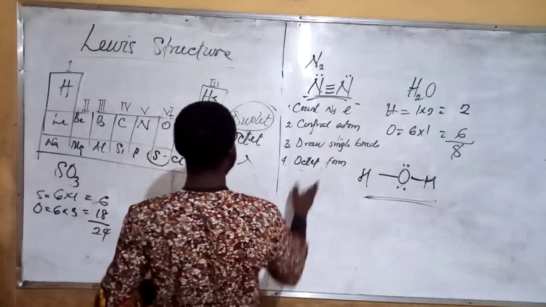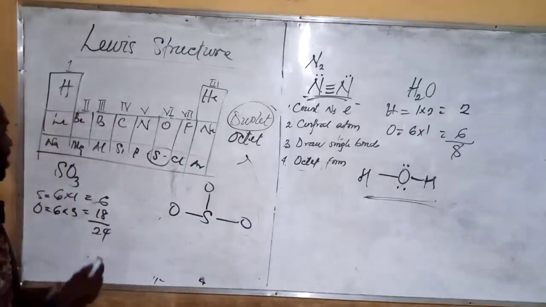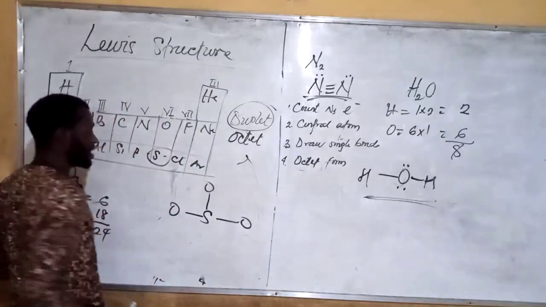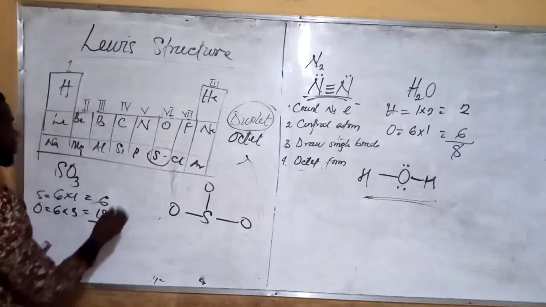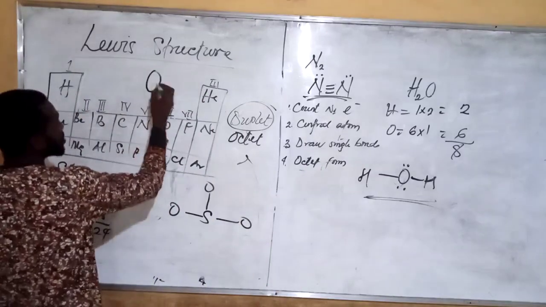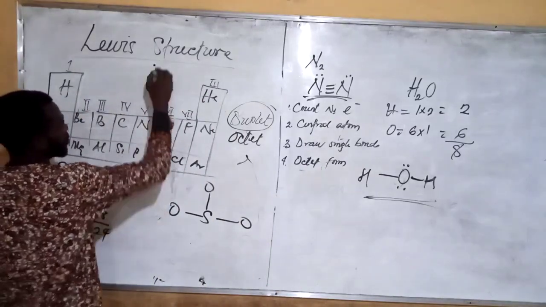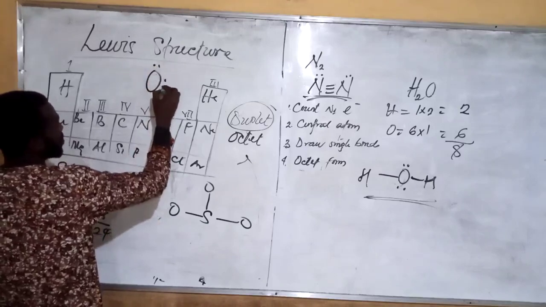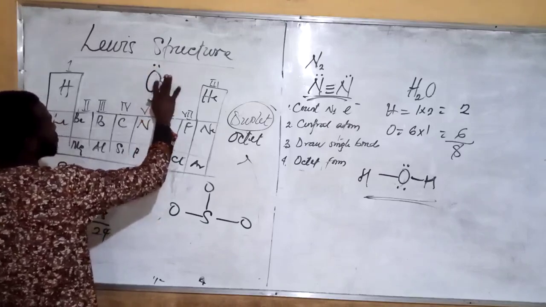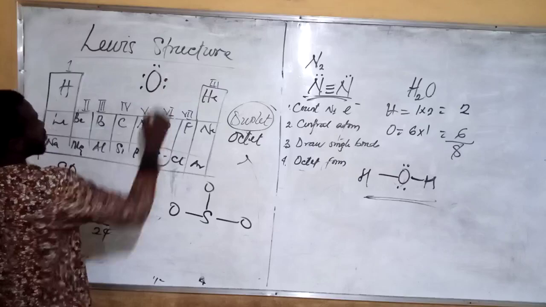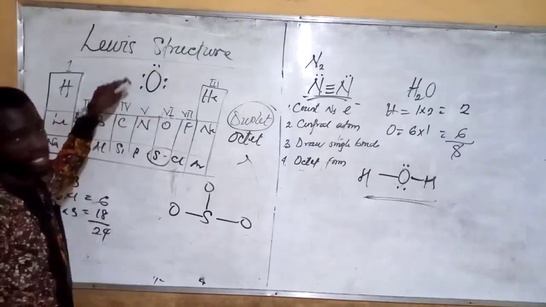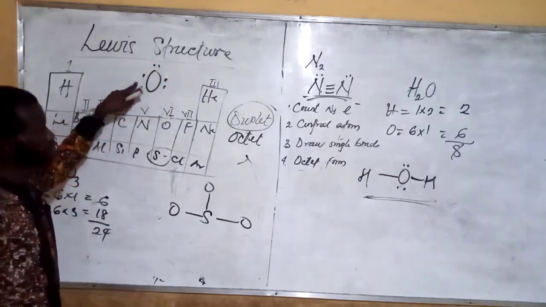Now, let's determine their octet forms. First, this oxygen needs the octet. The Lewis structure of oxygen is what? It's number 6, so it's going to be 1, 2, 3, 4, 1, 2, 3, 4, 5, 6. So this is going to be the octet, the Lewis structure of oxygen.